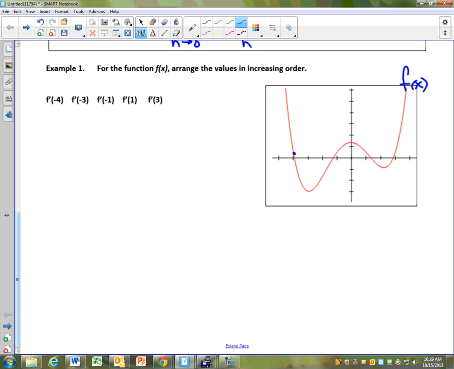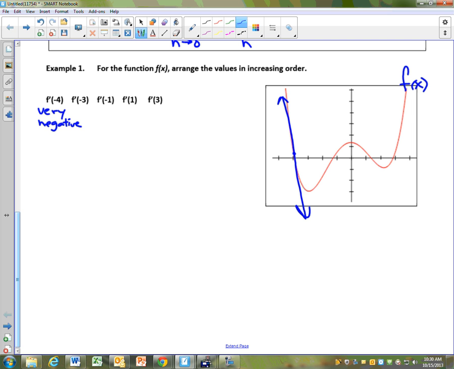First tell me this. At negative 4, does the function itself have a positive or a negative value? The function has a positive value. The function is above the x-axis. Is the derivative positive or negative? Negative, because the instantaneous rate of change, the slope of the tangent line at that given point, is in fact negative. And I'm just going to write here, very negative.